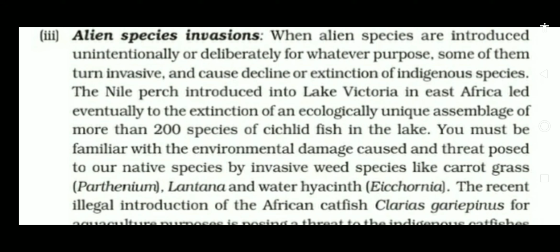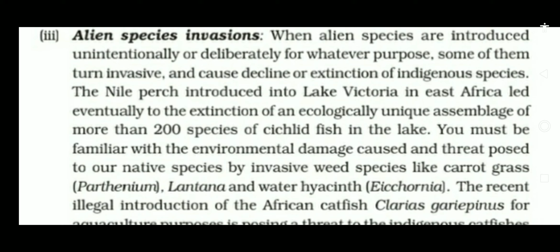So when the Nile perch was introduced in Lake Victoria, what happened? The Nile perch started invading the cichlid fish, so more than 200 cichlid species got endangered or extinct. This is one example of alien species invasion.